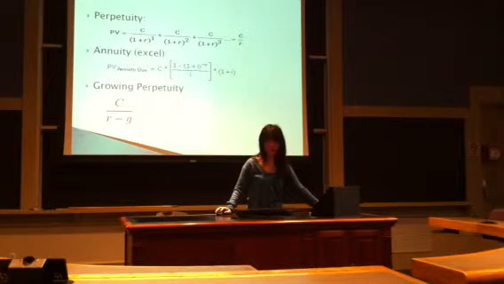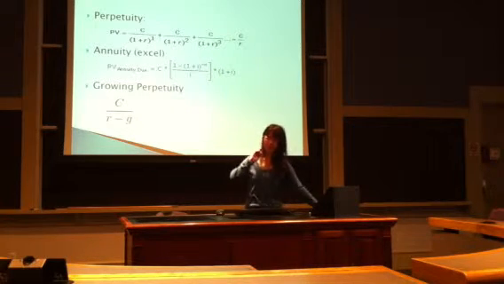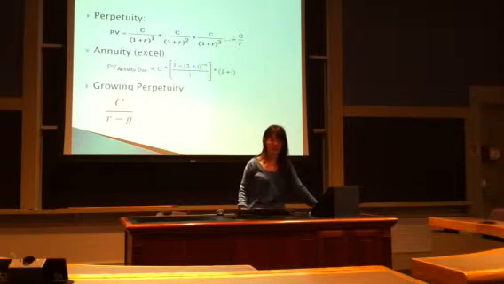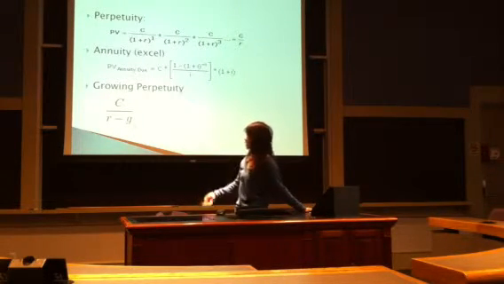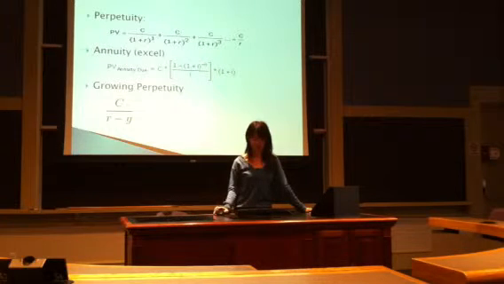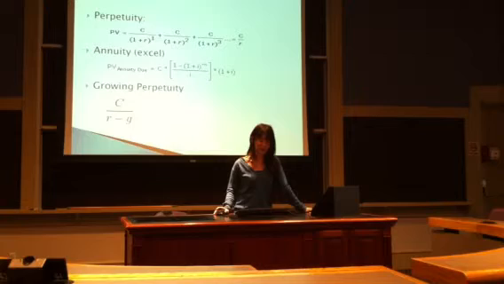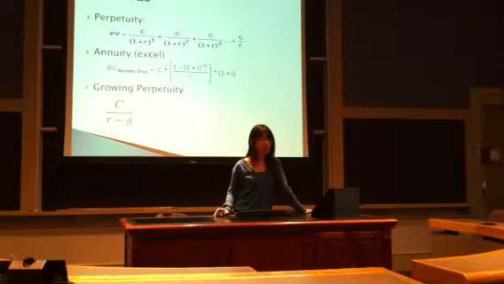And growing perpetuity is just the situation where C is not constant. Instead, C is growing at a rate of G. So in that case, it will be 100 and then 100 times 1 plus G, and 100 times 1 plus G to the power of 2. And then the formula of such a series of cash flow will be C over R minus G. And then we will see situations where we use the three formulas later.